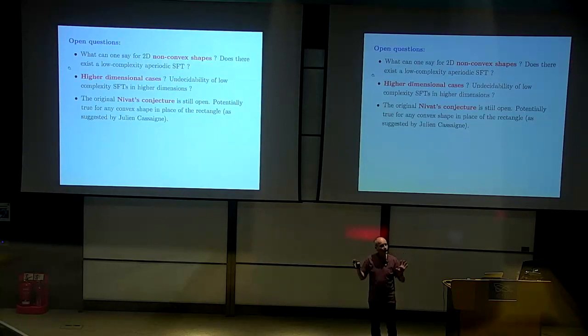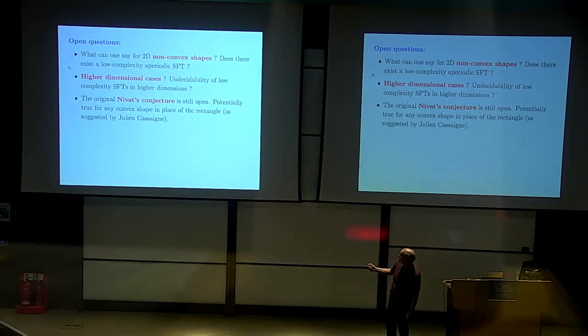But then we have all the other cases. You have low complexity SFTs that don't come from tilings, so they are not a set of co-tilers, and which don't come from convex shapes. So is there an aperiodic one there? And of course there's the decidability question there also.